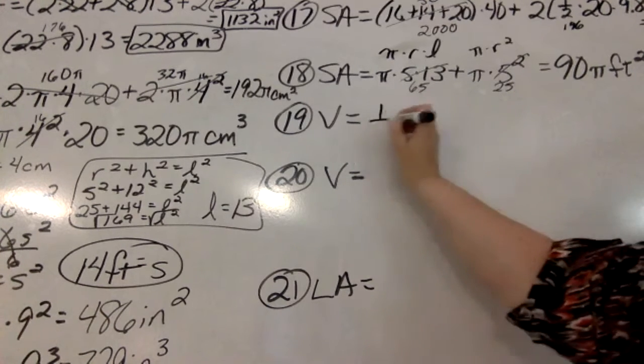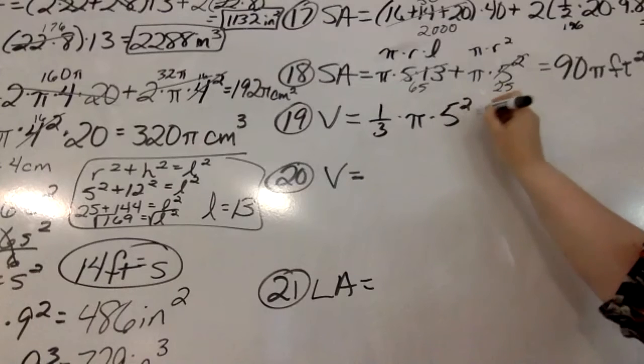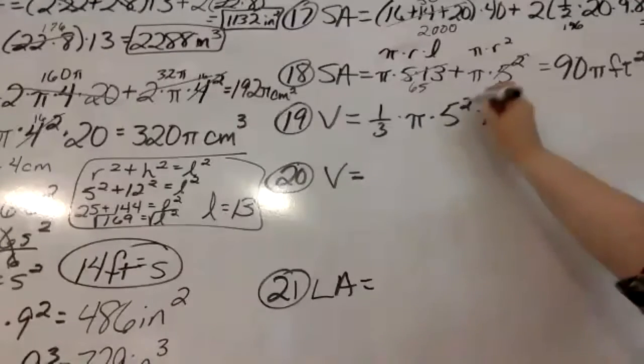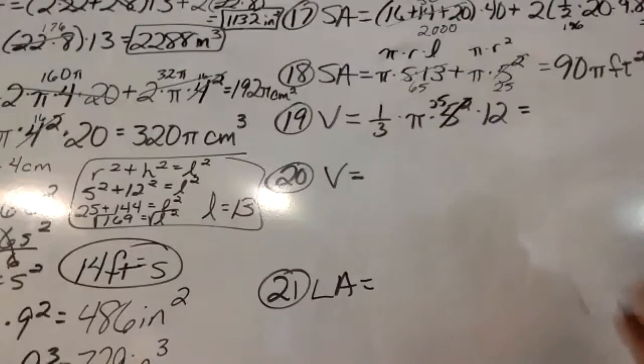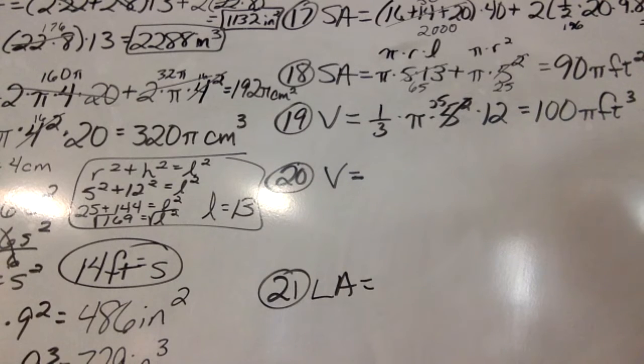So it's 1/3 times pi times the radius squared times the h, which uses the actual height of the cone that was inside, which was the 12. And then we multiply that out. Remember to still keep pi on your answer, and you're doing volume, so it's cubed.